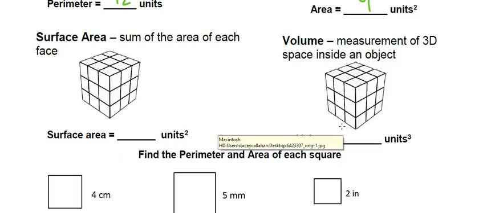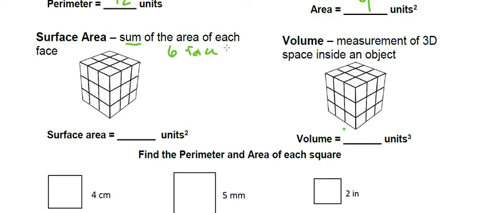Surface area is the one that tends to mess people up. The surface area is the sum, or the result of an addition problem, of the area of each face. In a cube, there are always going to be 6 faces: top, bottom, front, back, left, right.